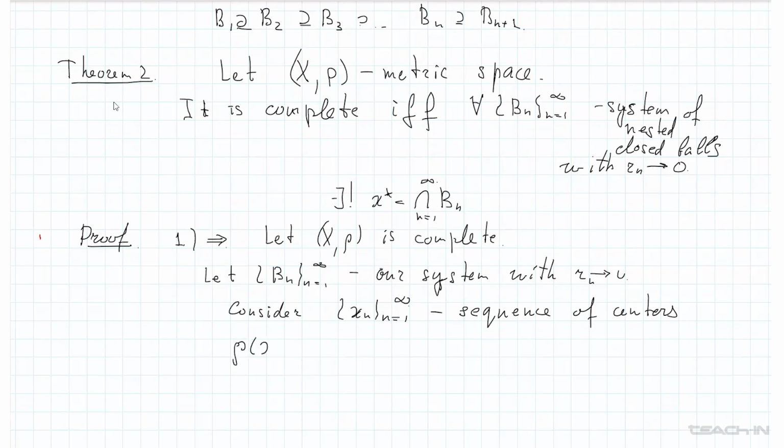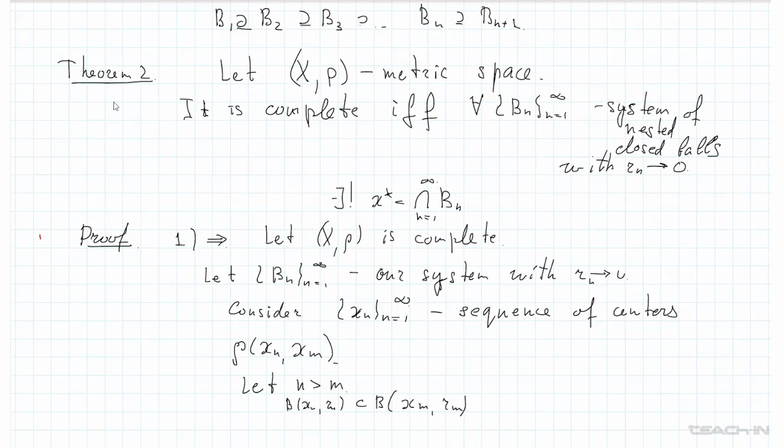Fundamentality. Let for simplicity n greater than m. Then ball with center xn, rn lies in ball with the smaller number, with the ball with number m. Then what we can say about this distance?